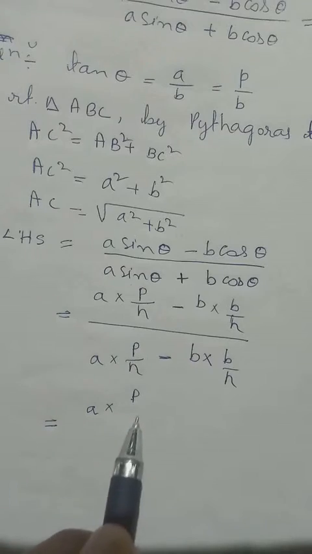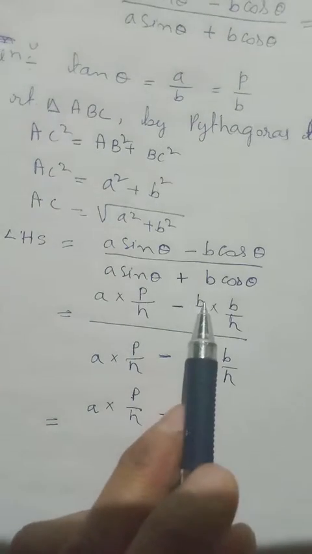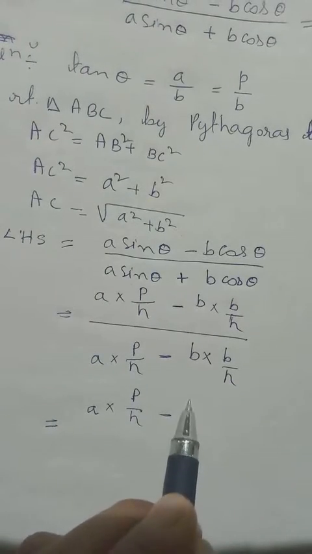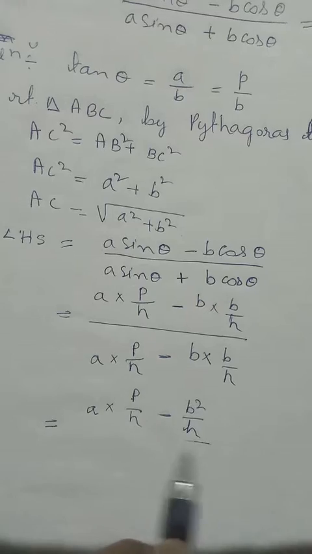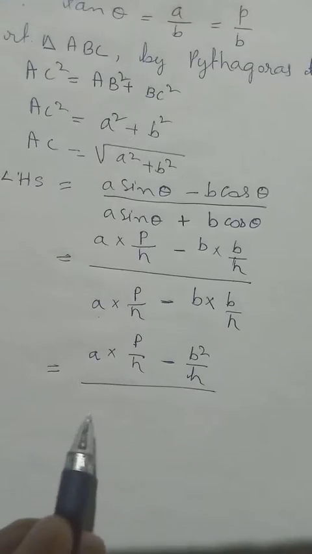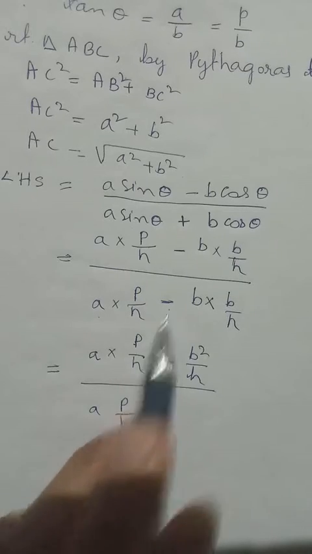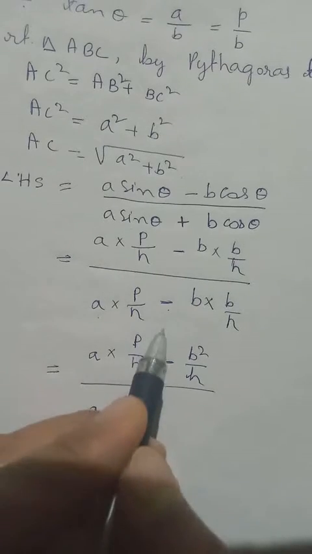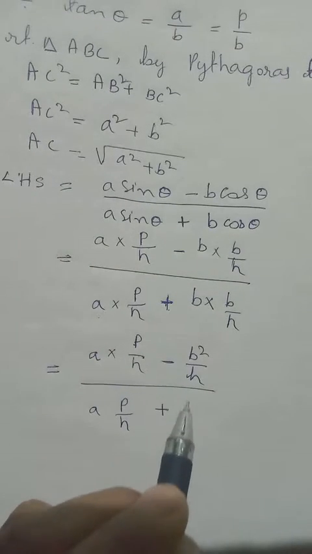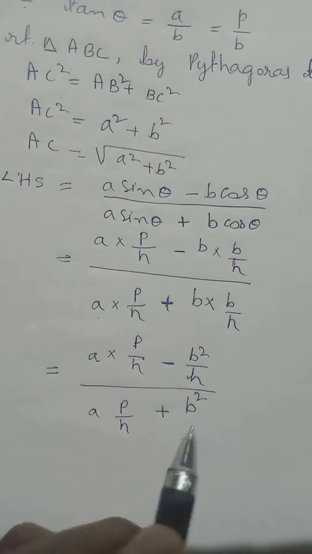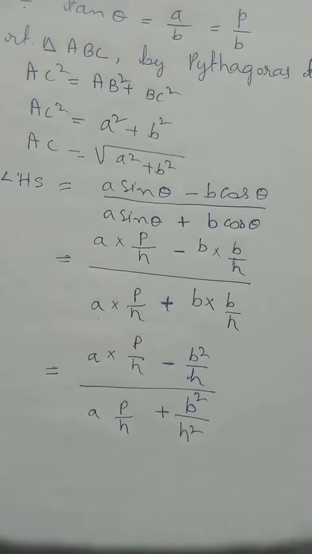So P by H we cannot multiply, minus b into b will become b square by H. Then in the denominator also we have a, P by H. Then we have the plus sign, b into b, b square, H into H, H square.